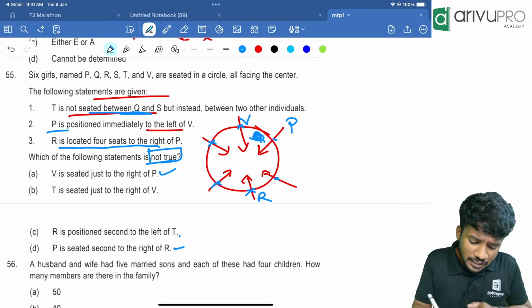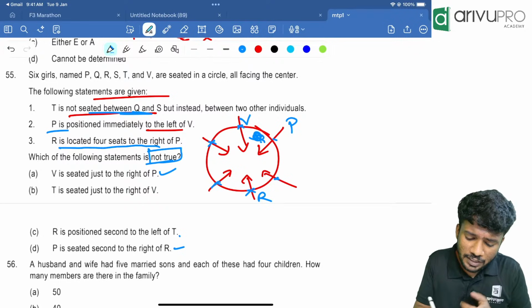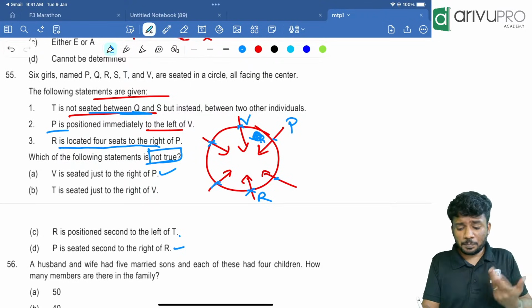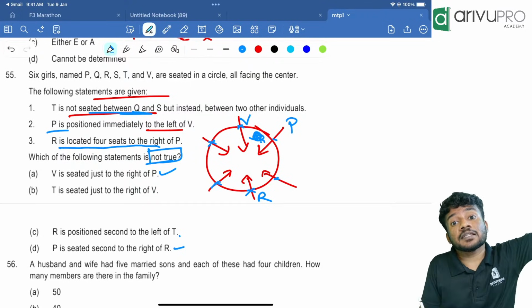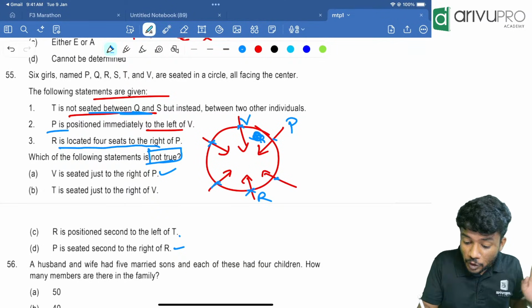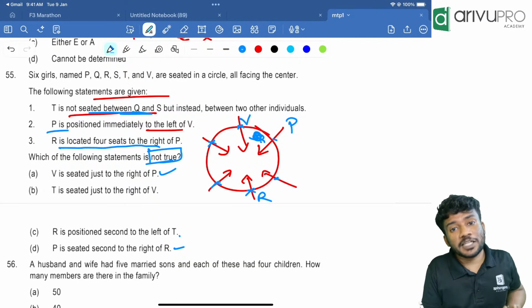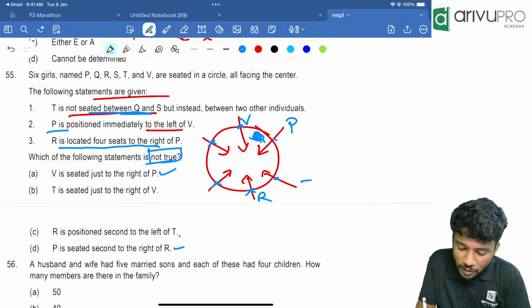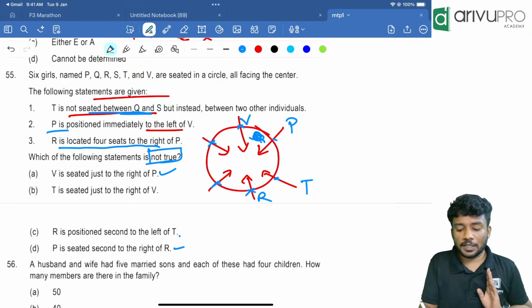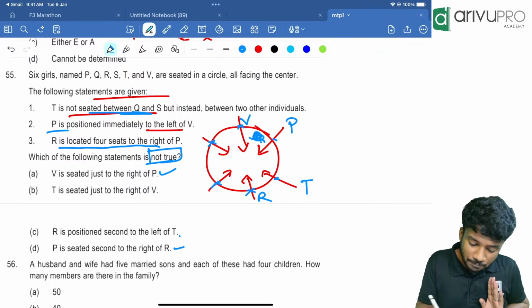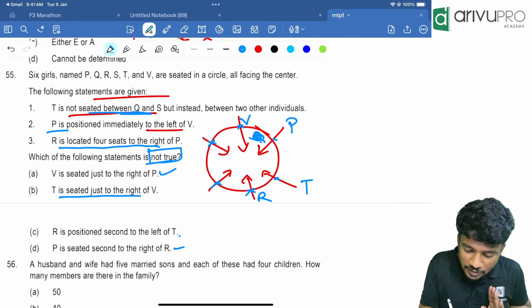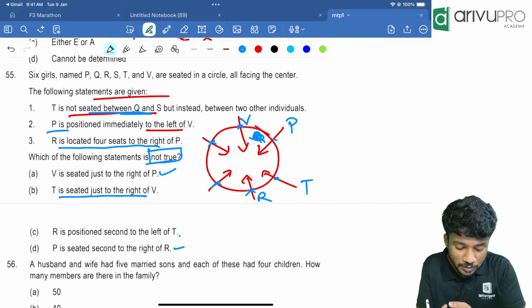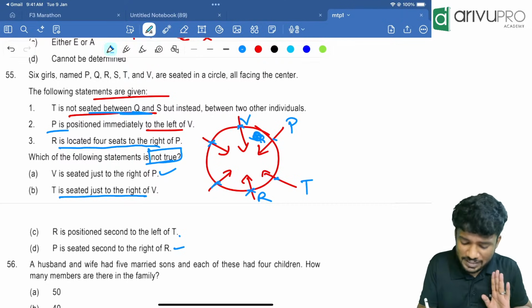We will check. Now, T is not seated between Q and S. It is between two other people. Two other people means it should not be Q or S. That means T should be over here. That means it is between P and T. Now that means T is seated just to the right of V. Is that possible? I don't know. We will check on that.